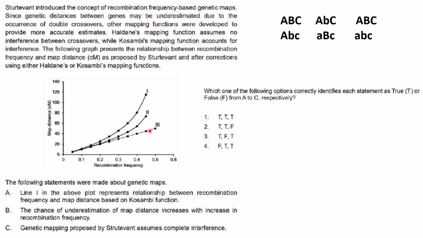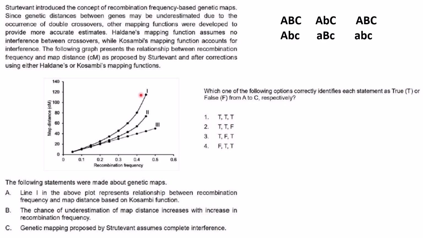The graph is a straight line between recombination frequency and map distance. So the greater the distance between the genes, the more the recombination frequency. But this type of mapping doesn't take into consideration double, triple or multiple crossovers, and this has led to underestimation of the genetic distance between genes. So that is the simple mapping function.